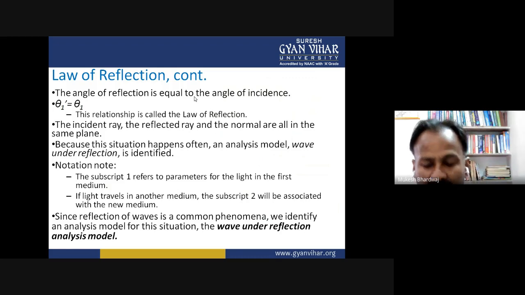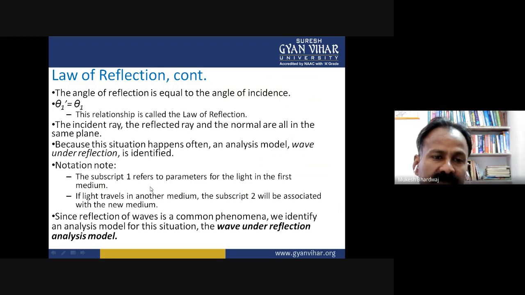This is the first law of reflection. This relationship is called the law of reflection. The incident ray, the reflected ray, and the normal all lie in the same plane. Because this situation happens often, an analysis model, wave under reflection, is identified.